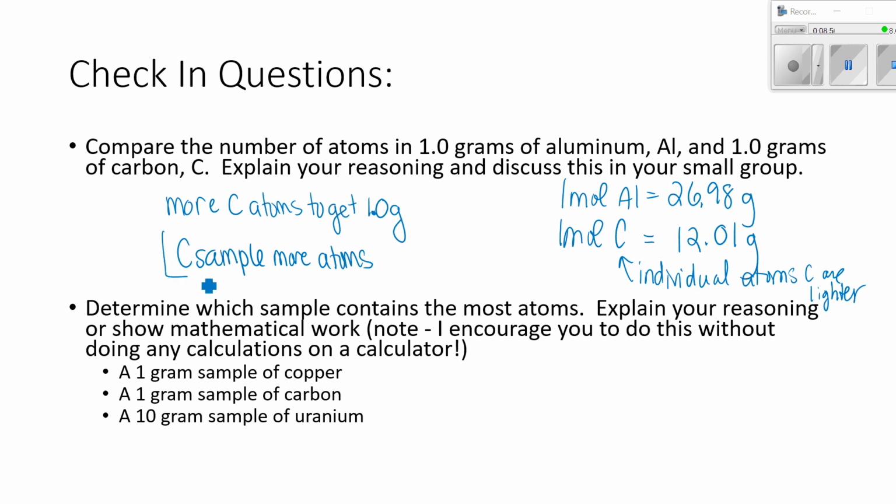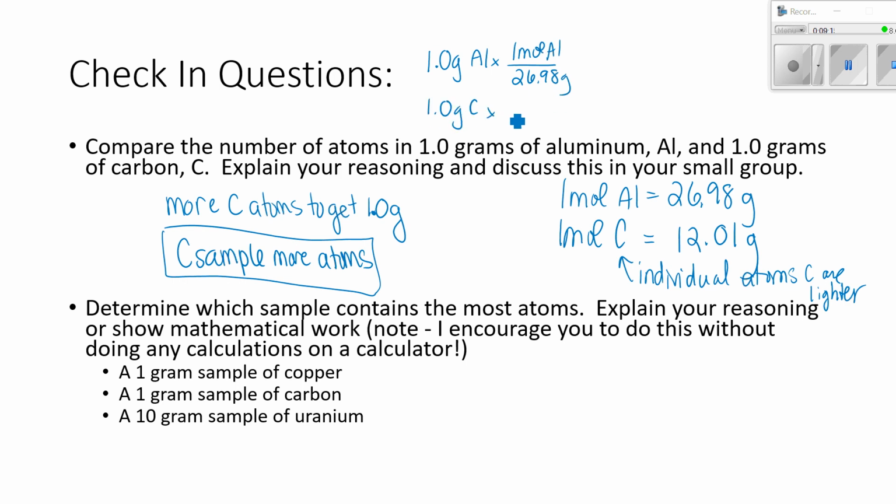We'll go over some mathematical calculations in a moment. The way we could do this mathematically, we'll go over this actually in another video, is you could do this kind of calculation. You could say, well, 1 gram of aluminum, and I know that every 1 mole of aluminum is 26.98 grams. And then if I had 1 gram of carbon, every 1 mole of carbon weighs 12.01 grams. And so this number is 1 divided by 26.98.